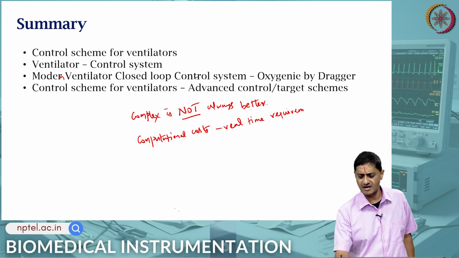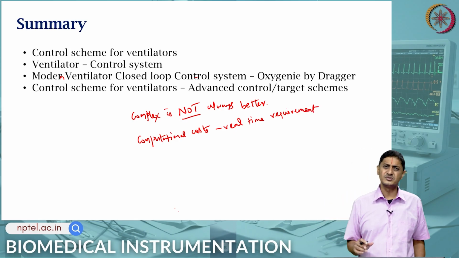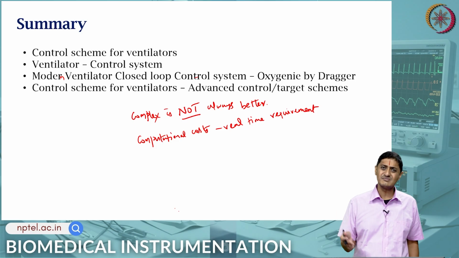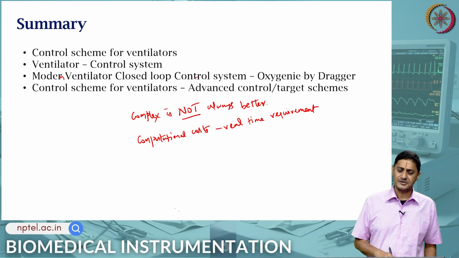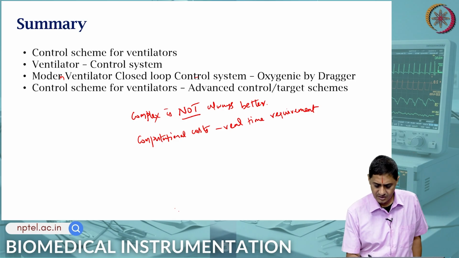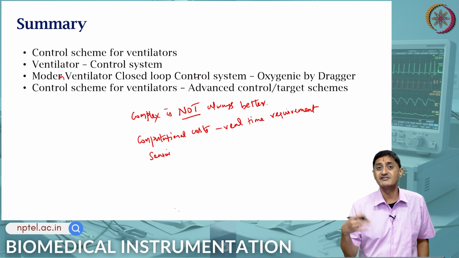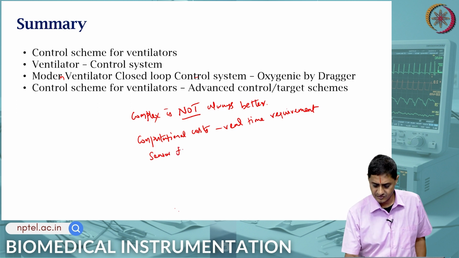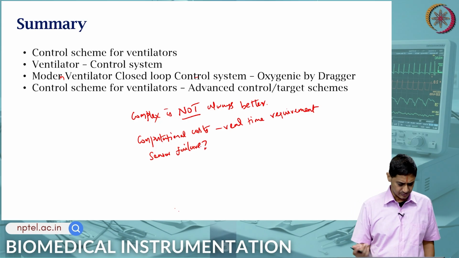So, you need to have a high-end computing system to be able to compute or estimate some of the things that you are estimating in your control algorithm. Something to keep in mind. What if sensors fail? Do you have redundancy, for example? What if sensors fail? Suppose sensors fail, what will happen? That is the other question.